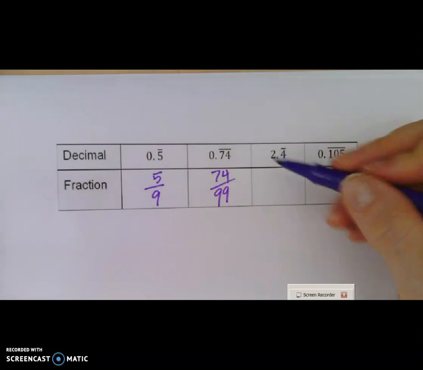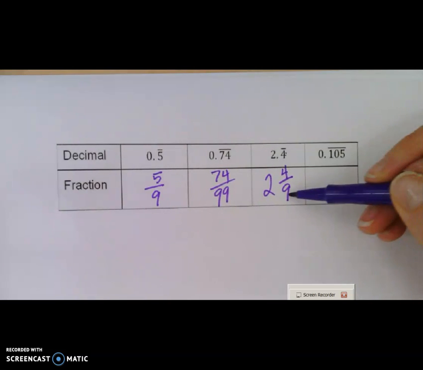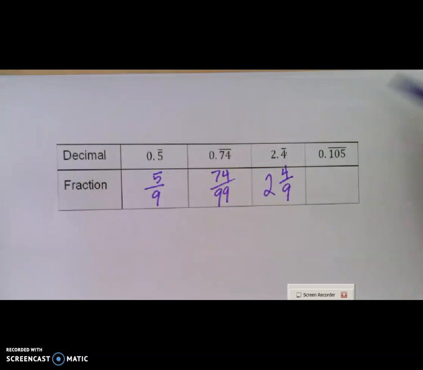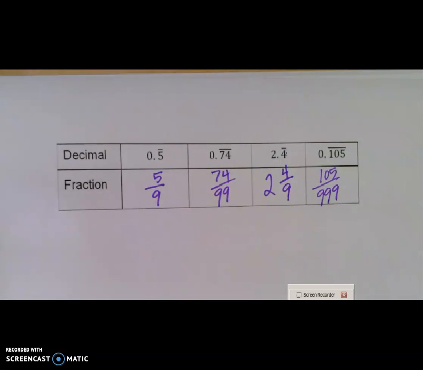And 2.4 repeating, you can look at that, it says 2 and 4/9. One digit, one factor of 9. And 105 repeating was 105 over 999. Whoa, do you see a pattern?